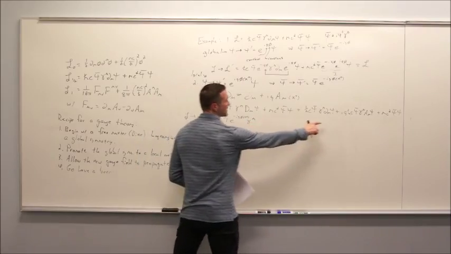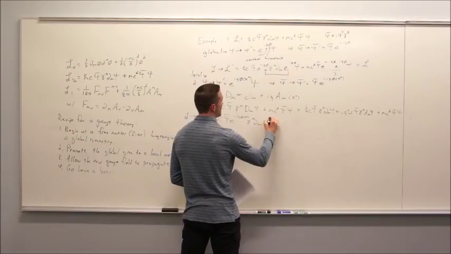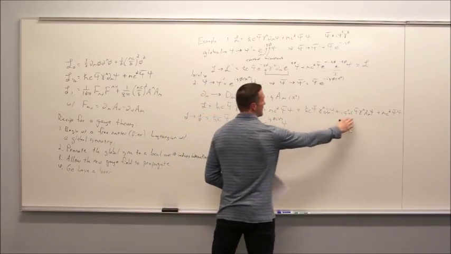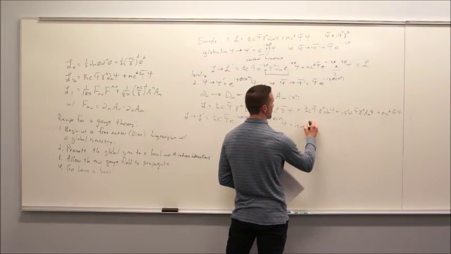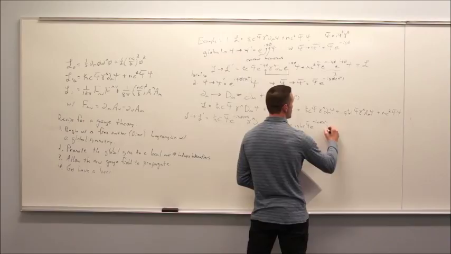Gamma mu. Actually, I'm going to work with this expression because it's more explicit. D mu e to the i q phi x nu psi. And then in this expression, I'm going to have, of course, psi bar, e to the i q phi x nu, gamma mu.